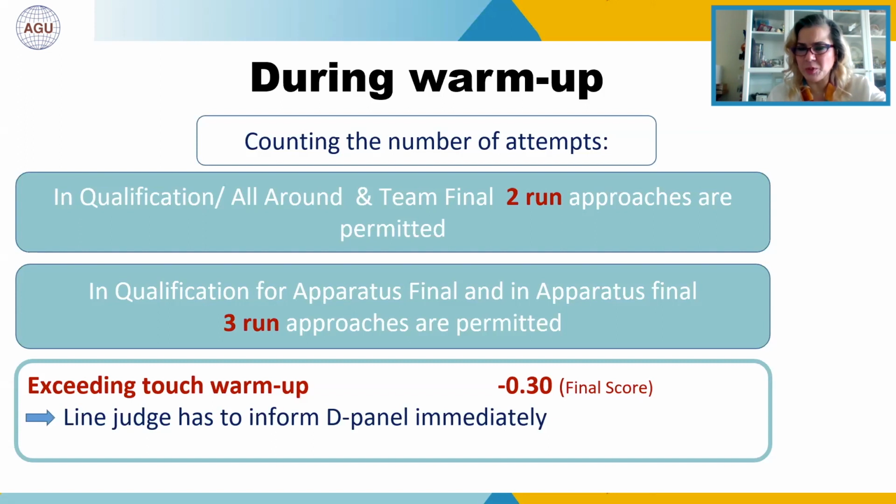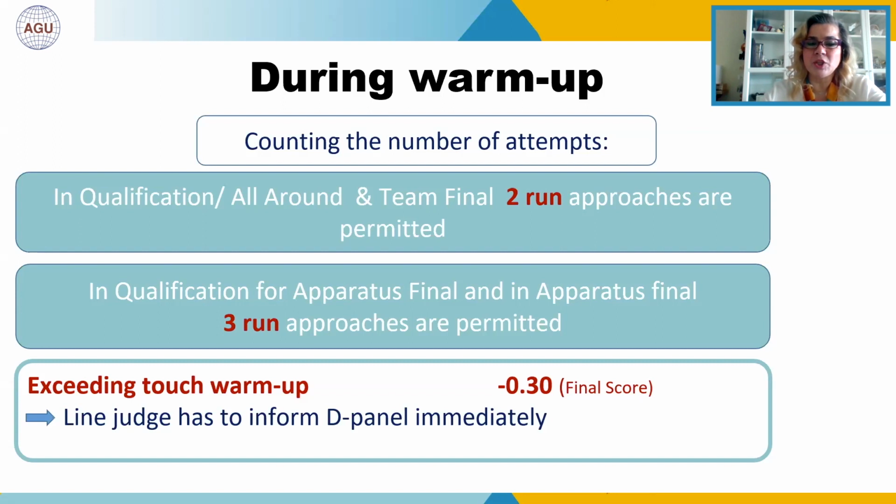So the third one is not permitted. And in qualification for the apparatus final and in the apparatus final, 3 approaches are permitted. So the 4th is not permitted. So the line judge will be in charge to calculate and pay careful attention to the number of attempts.